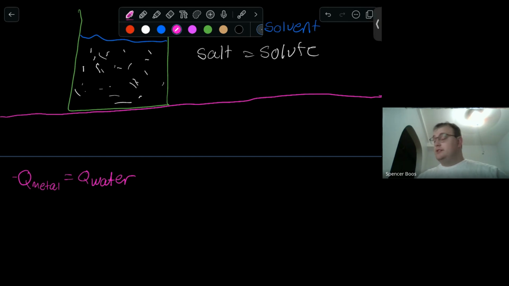So let's say we've got this really red hot piece of metal. We take our cup and we cool it down. The heat that's lost by that metal is gained by the water. And that's what that equation's telling us.